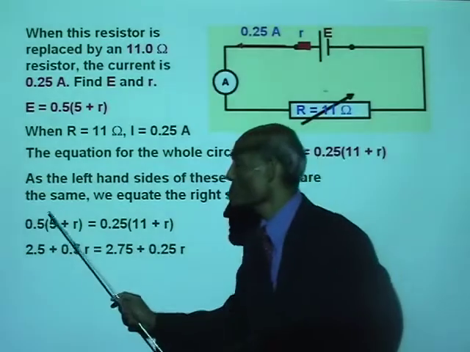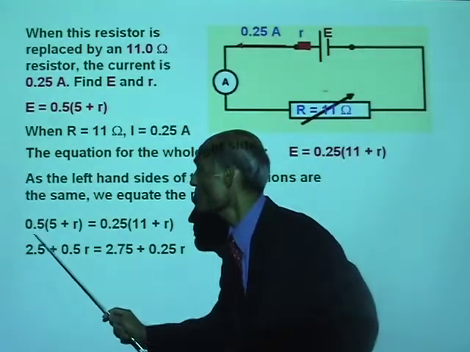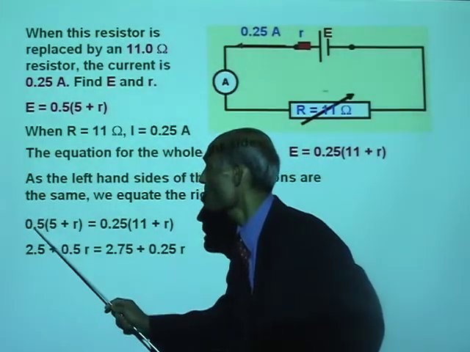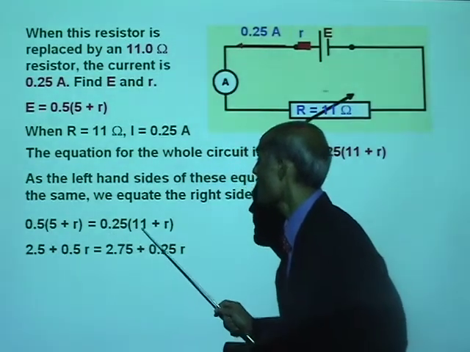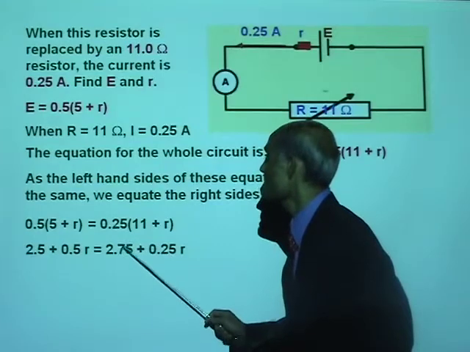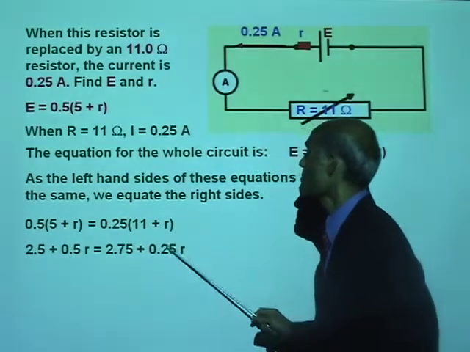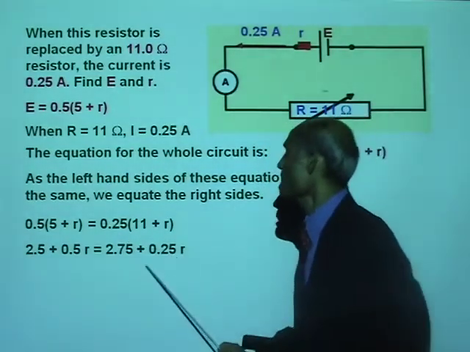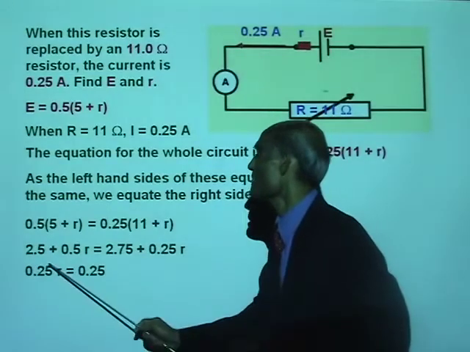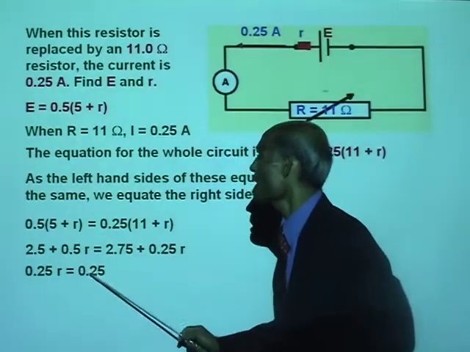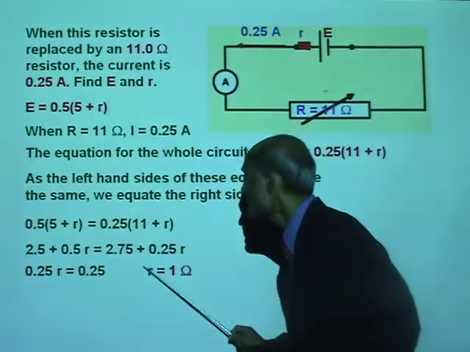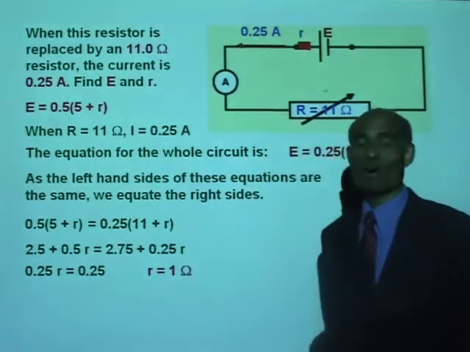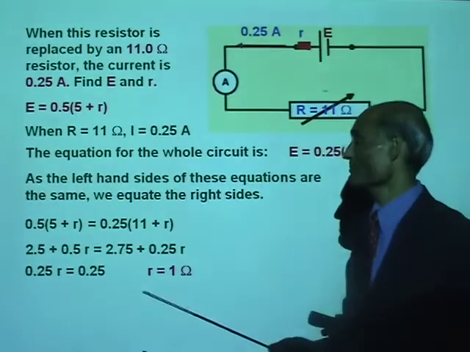Well, simplify and distribute. 0.5 times 5 is 2.5 plus 0.5r, equals 0.25 times 11 is 2.75 plus 0.25r. And now rearrange the equation. That gives me 0.25r equal to 0.25, or the internal resistance small r equal to 1 ohm.